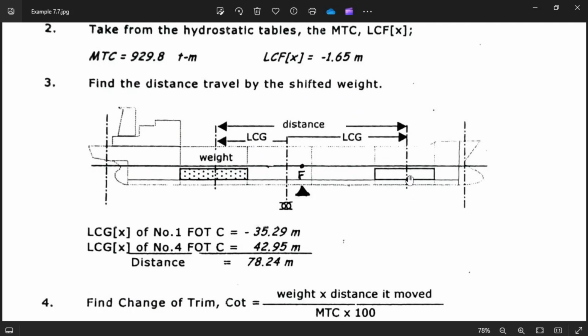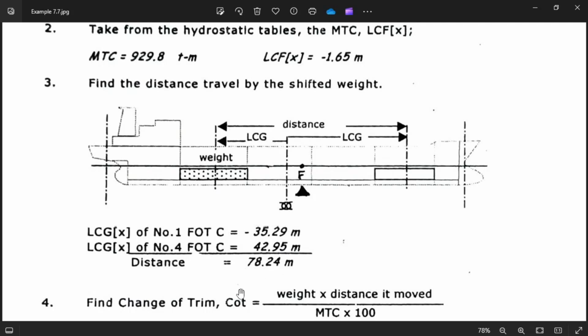And find the distance traveled by the shifted weight. It's asking what will be the distance from FOT tank number 1, which is shifted to FOT tank number 4. So the distance, this one, will be 78.24 because you add the LCG of FOT number 1 center plus your LCG of FOT center number 4, which will be 78.24.